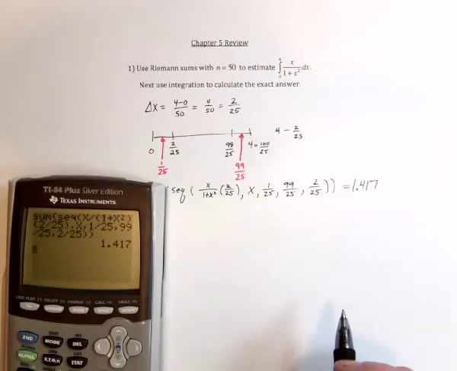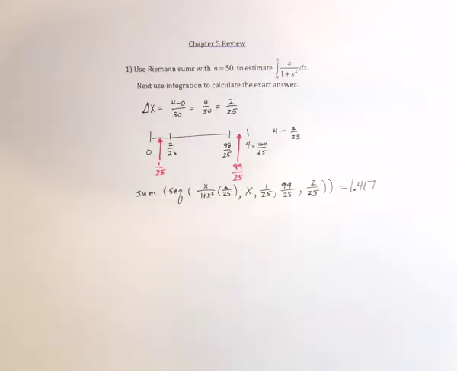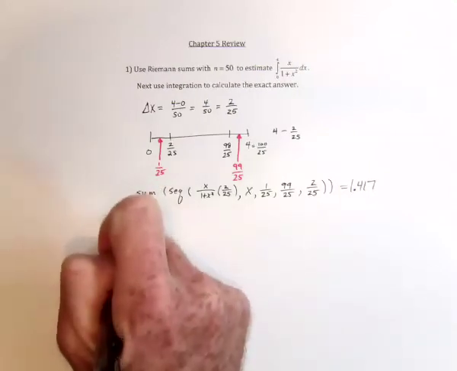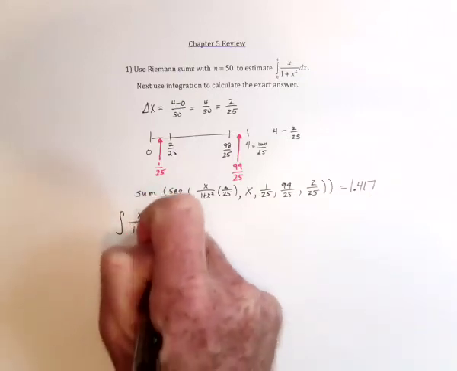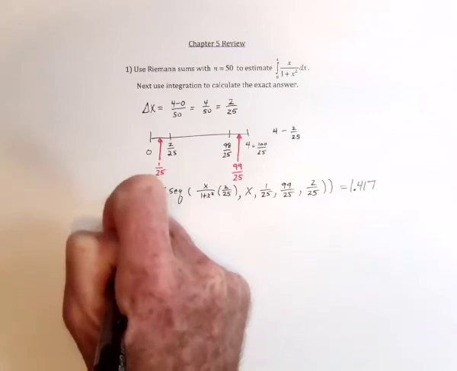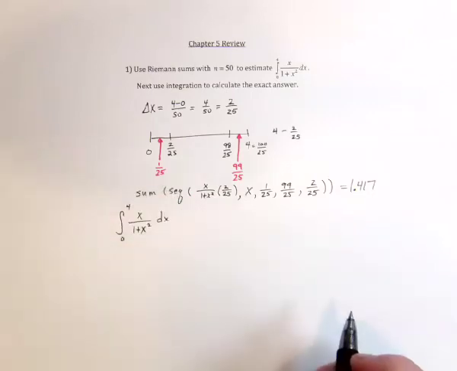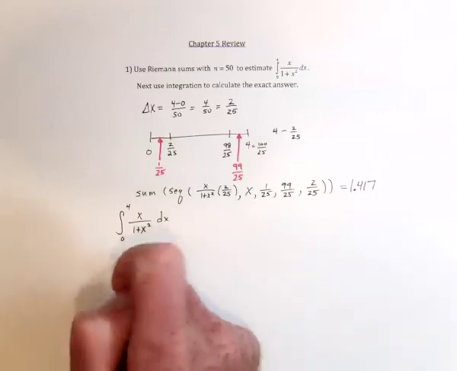Okay, and then use actual integration to find the exact answer. So integrate x over 1 plus x squared with respect to x going from 0 to 4. So this looks like a good candidate for u substitution.